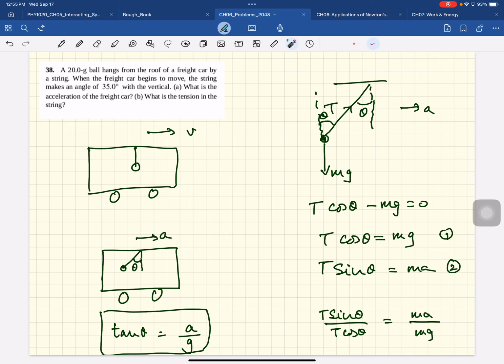I wanted a relationship between a and theta. I didn't want any of these guys anywhere around, so I canceled them. So this expression is independent of the mass, so you can hang anything you want there. The acceleration of the vehicle depends only on the angle theta.